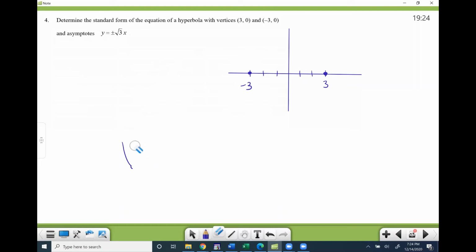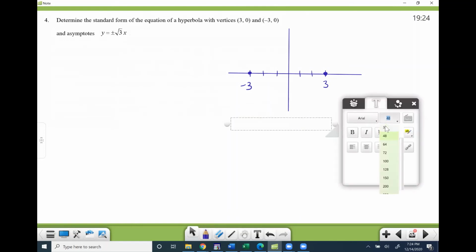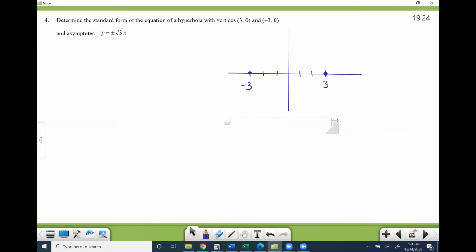That tells me which way this is facing. Is this hyperbola opening up and down vertically, or is this hyperbola opening left and right horizontally? Horizontally? You bet.